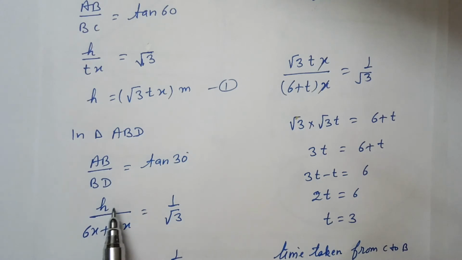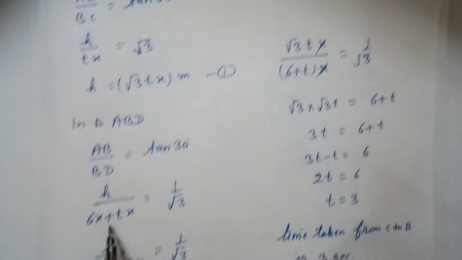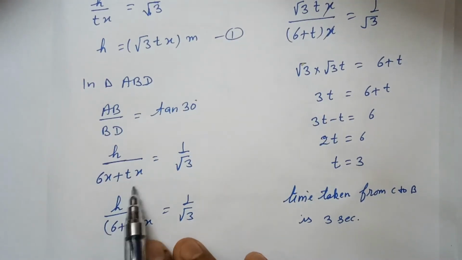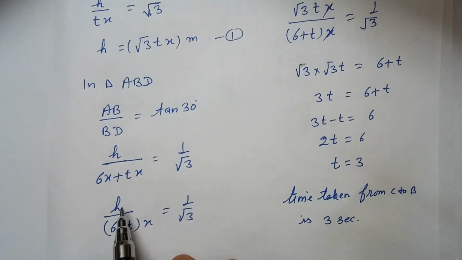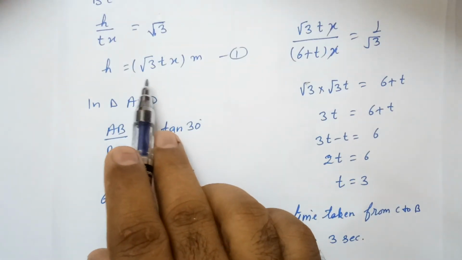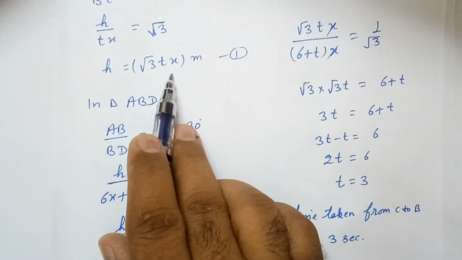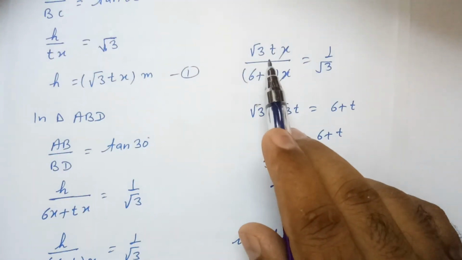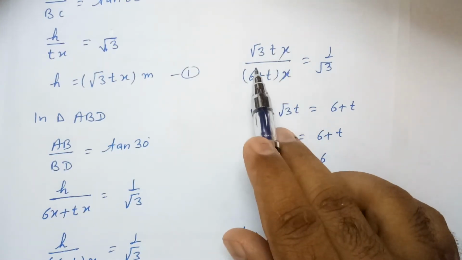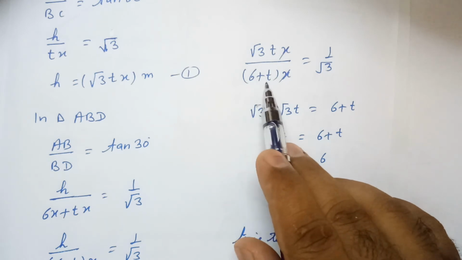AB is h and BD is 6x plus tx, equals 1 by root 3. Now we take x common, so h over (6 plus t)x equals 1 by root 3. Now we put the value of h, which equals root 3 tx from equation 1, in here. So we get root 3 tx over (t plus 6 plus t)x.